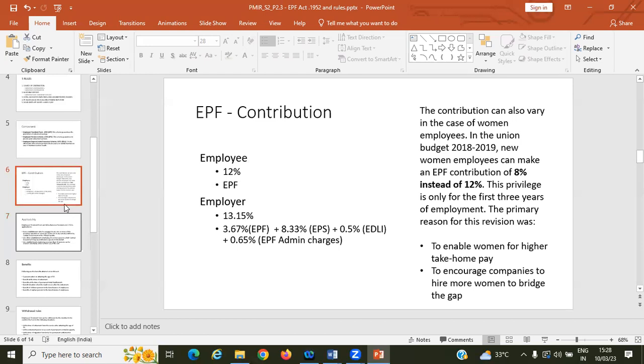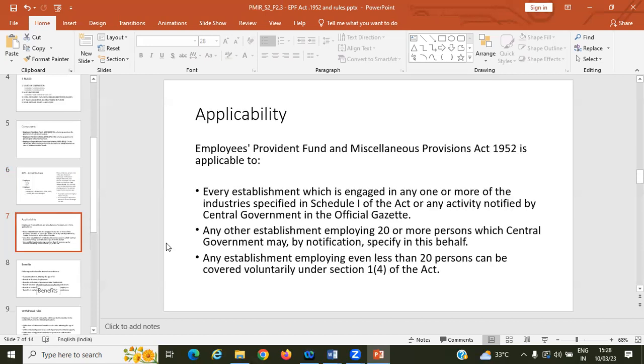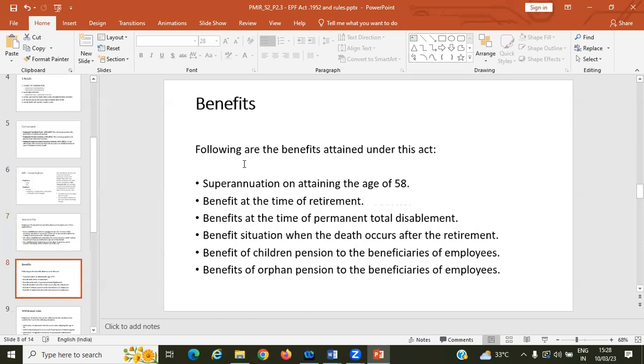Then benefits. What are the benefits of this? This is one important question that may come in the exam.